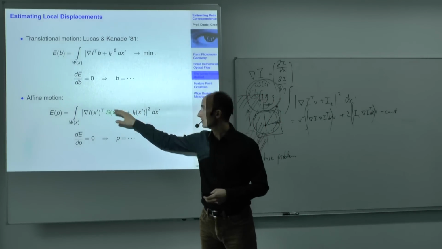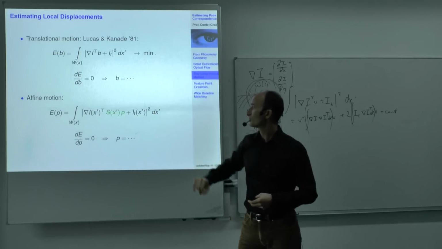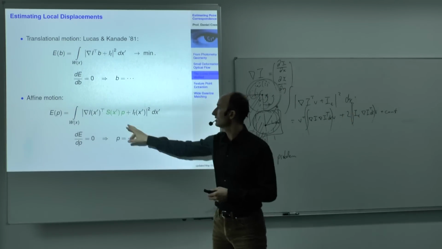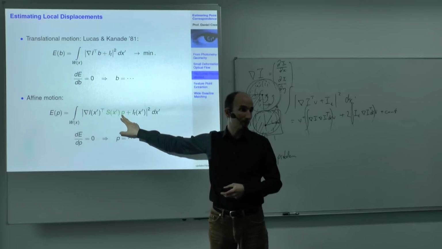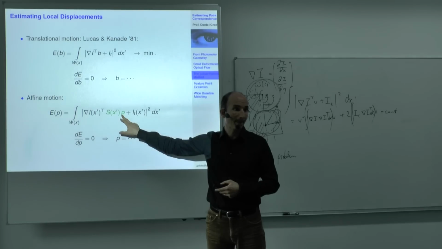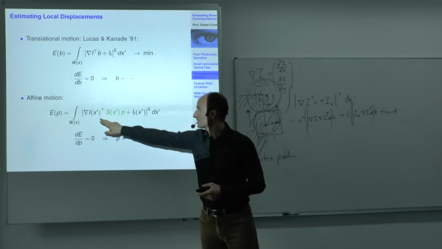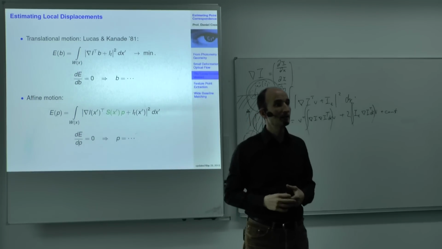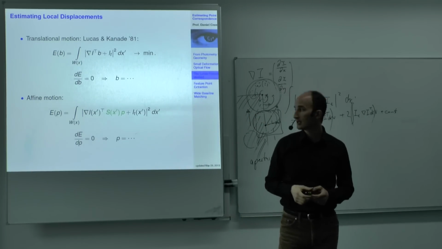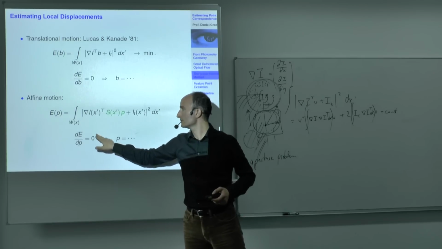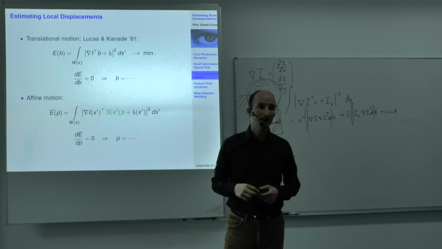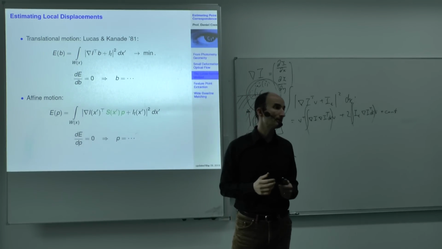I can multiply out this expression. I've done it for the constant motion case here. You can do the same for the parametric motion case. And then, since this is all linear in P, squaring it makes it quadratic in P. So I have an equation that is quadratic in P. If I set the derivative to 0, this equation, the minimality principle, is a linear equation in P. And I can again solve it by matrix inversion.